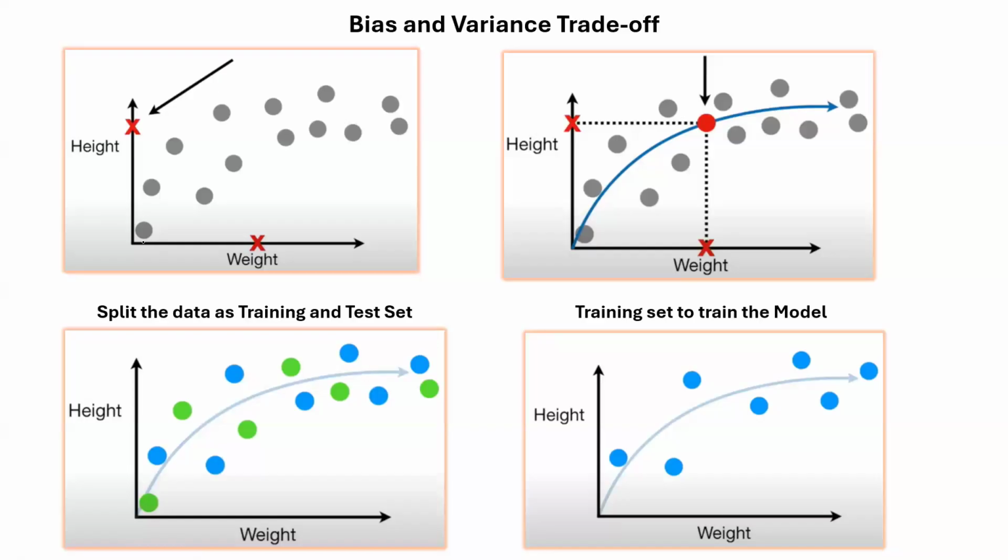If the weight is less, the height would be less. And as the weight keeps increasing, the height is also increasing. But at a specific weight, the height is remaining constant, right? It's not growing in a linear fashion when you compare it with the heights that come before this.